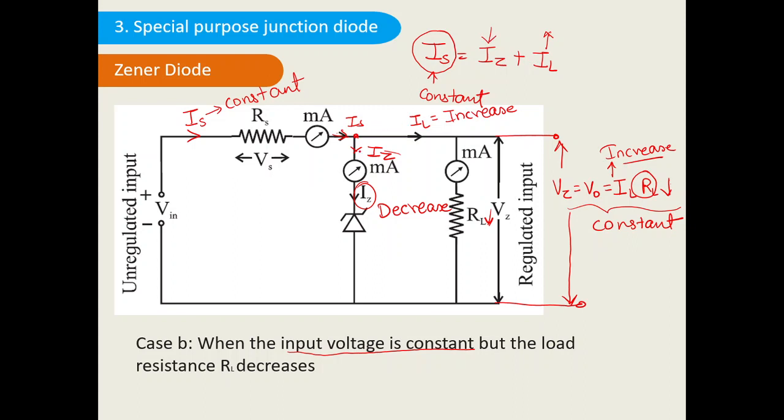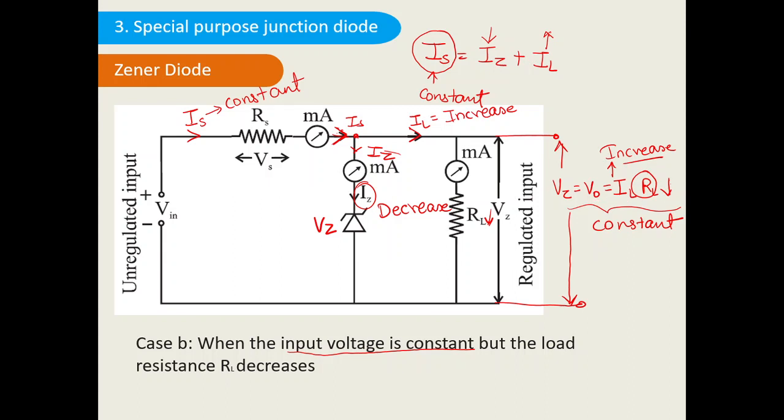IZ value will decrease. So the current through the Zener diode will decrease, but the constant supply current is coming at this point. If IZ value decreases, that means more current will be passing through RL, such that the voltage across the Zener diode will be the same as the output voltage, and it will be equal to IL into RL.